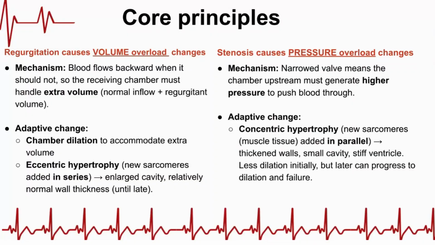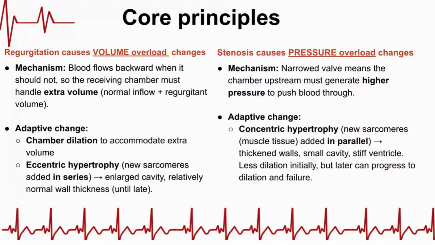In order for the heart to adapt to that change, it dilates. That chamber dilates to accommodate that extra volume. And what we see is eccentric hypertrophy. So we have new sarcomeres or muscle tissue that is arranged in series.